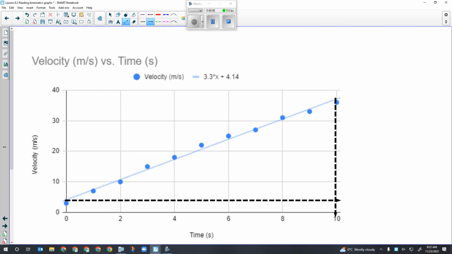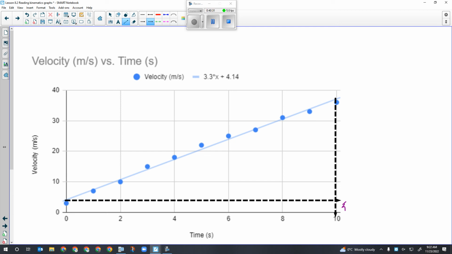Now, how do I get those two shapes? How do I get their areas? There's a couple of things I need to know. I need to know the height of this rectangle. I need to know the base of both the rectangle and the triangle. Do I know that already? It's 10 seconds.